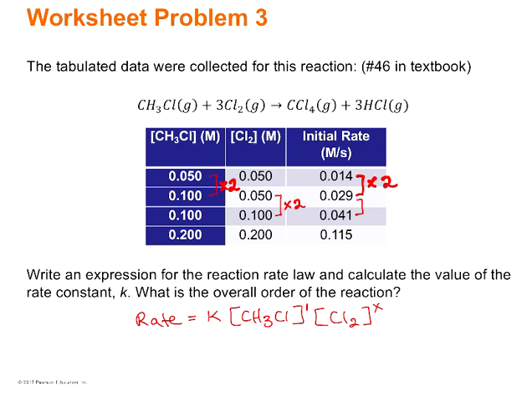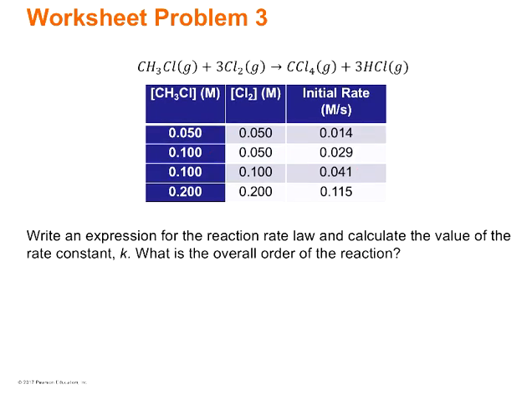It's kind of somewhere in the middle. So maybe we should use that method that we saw earlier, where we're going to compare two rates and two concentrations. Okay, so I'm going to compare two sets of data here to figure out what the order is with respect to chlorine.